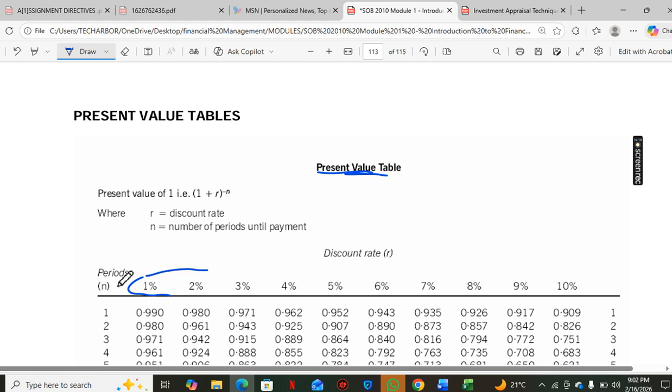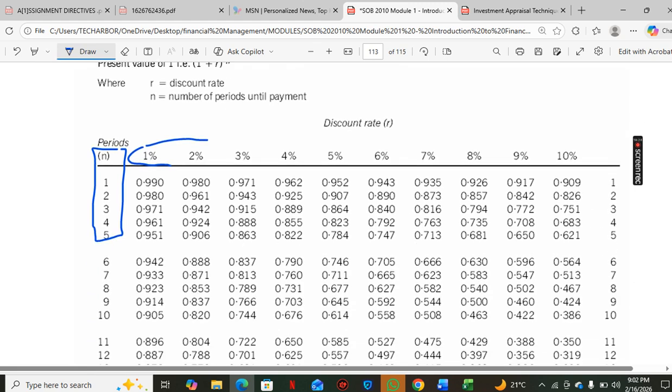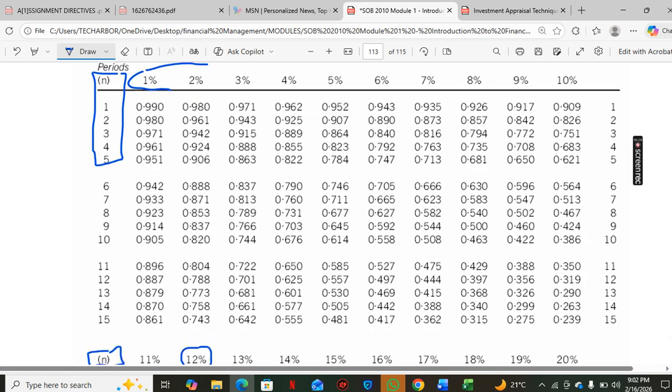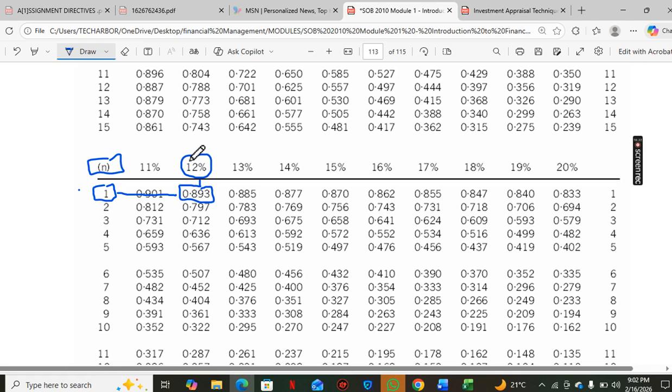Then the time period is in this column. As we are using 12%, for year 1, where these two intersect, that's the value you use. As you can see, for year 1 and 12% they intersect at 0.893. Year 4 and 12% they intersect where? 0.636.